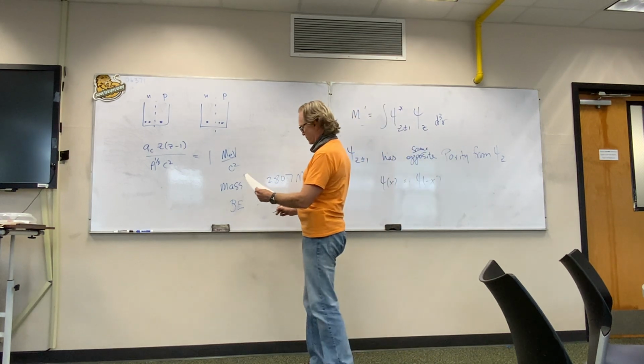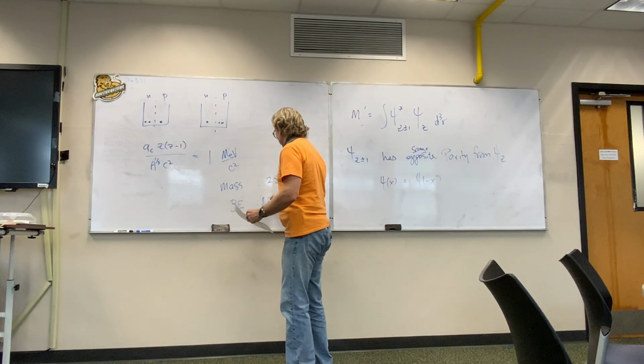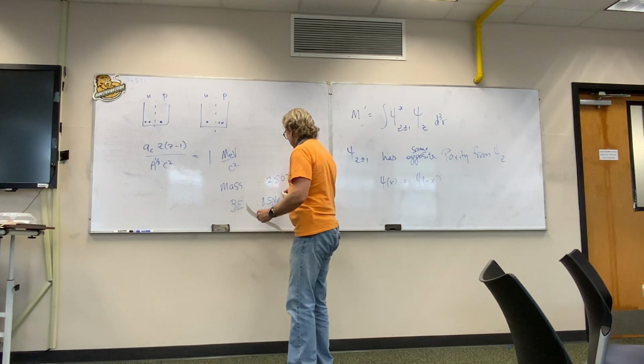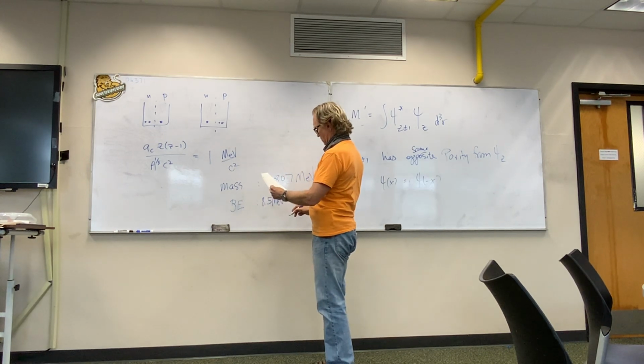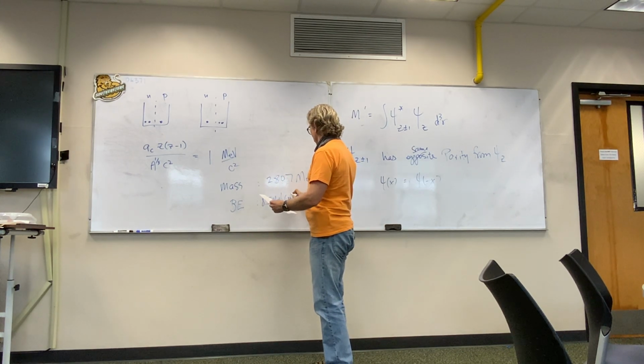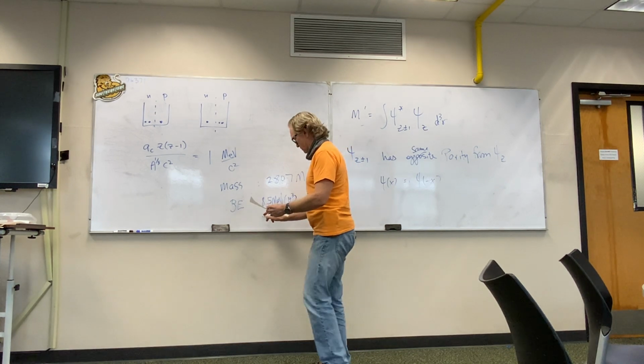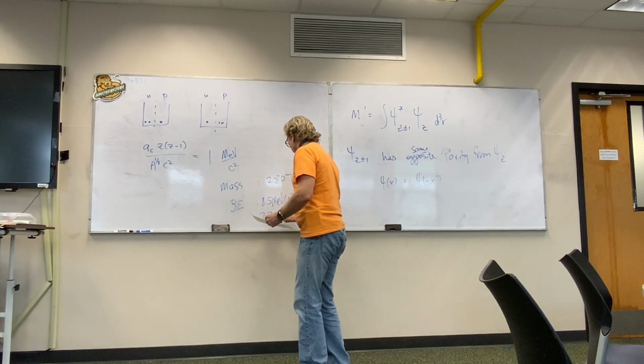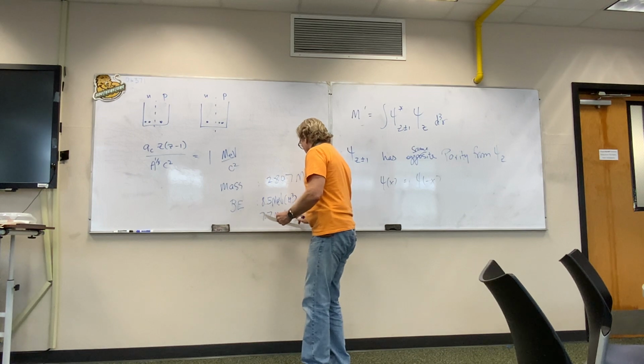I calculated a binding energy of 8.5 MeV for hydrogen 3 and 7.7 for helium 3.